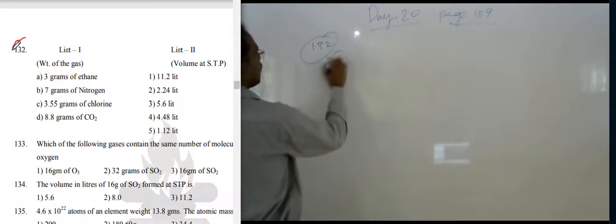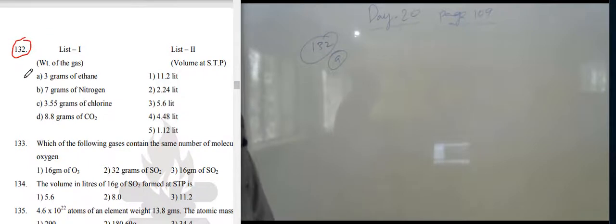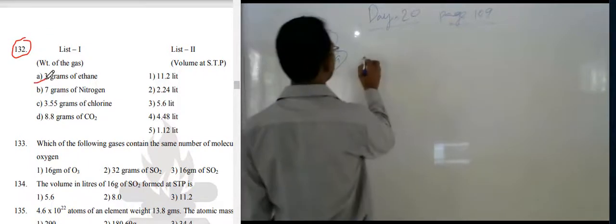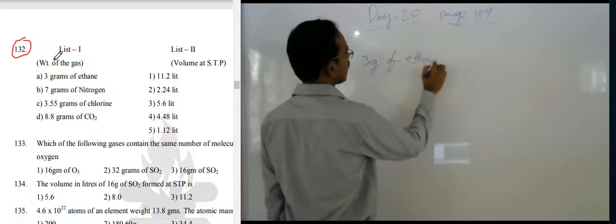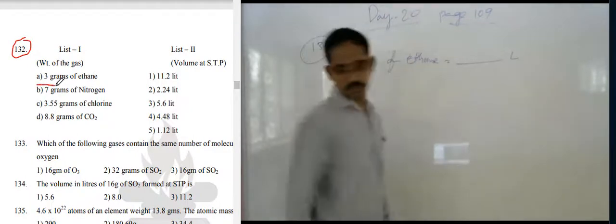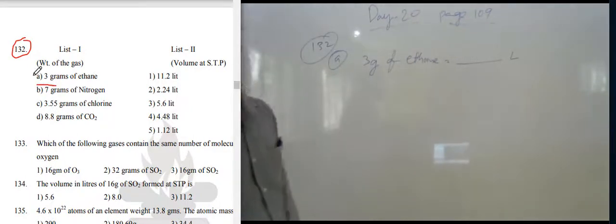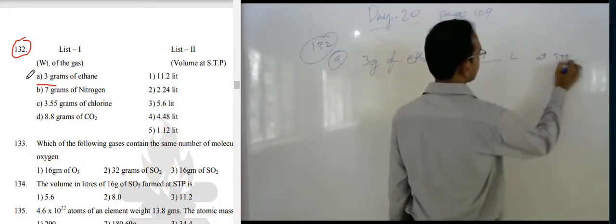132 option A. I am going to explain now. 3 grams of ethane equal to dash liters. Volume at STP. Liter at STP.